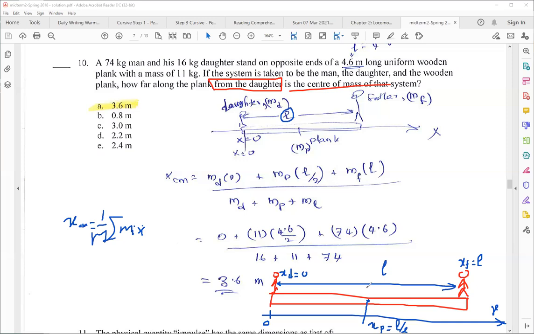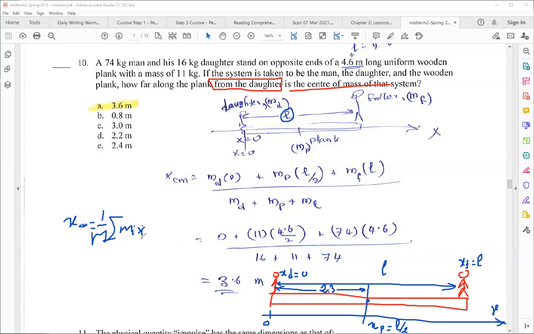So if the plank is 4.6 meters, L over 2 will be 2.3 meters. So from the daughter to the middle, it's 2.3. I'm expecting to find a center of mass closer to the man, so something bigger than 2.3.